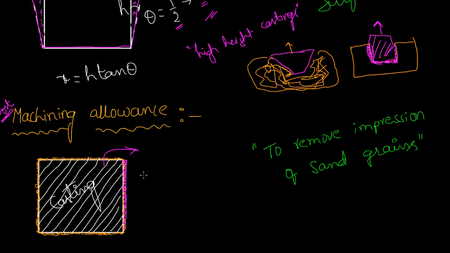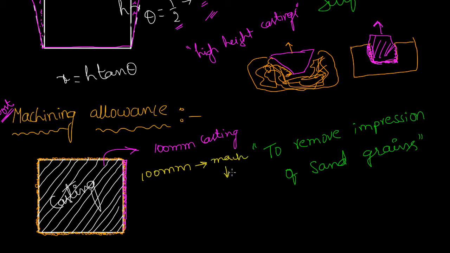For example, if I want a 100 mm casting, if I make the pattern as 100 mm, let us say, what will happen? Due to sand impressions, I have to remove those sand impressions so that I will machine its surface. After machining, what will happen?